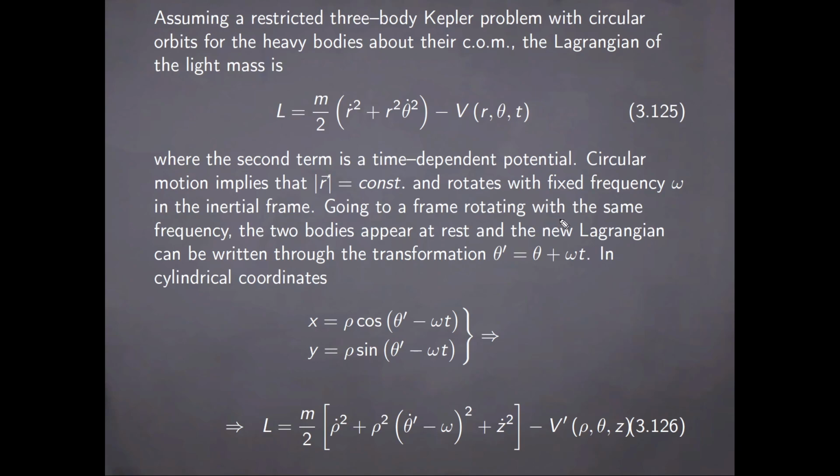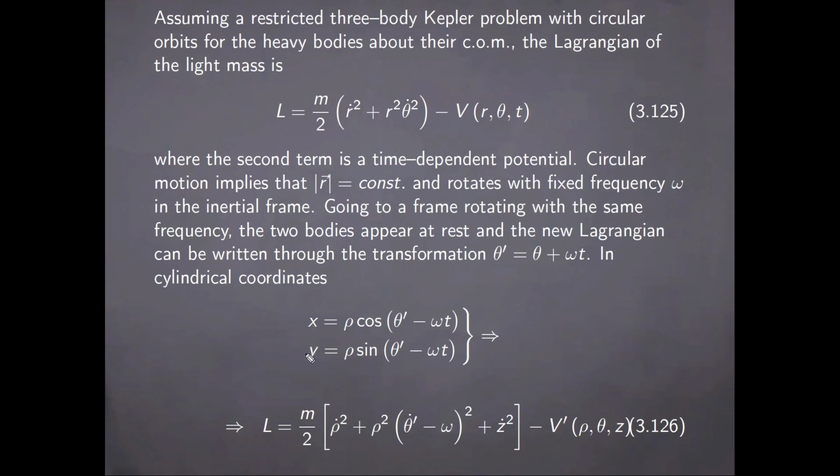Going to a frame rotating with the same frequency, the two bodies appear at rest, and the new Lagrangian can be written through the transformation theta prime equals theta plus omega multiplied by the time.